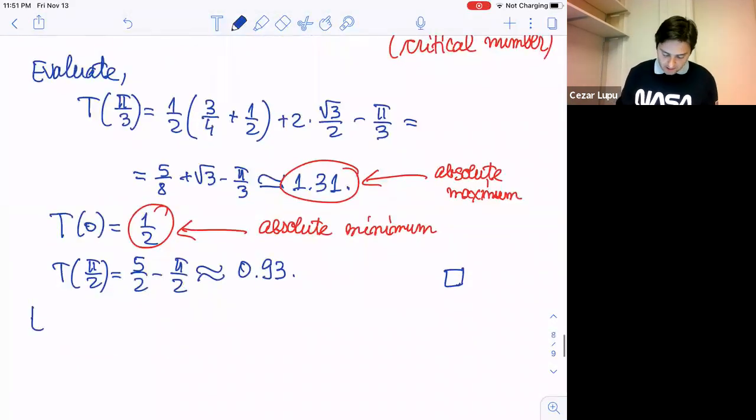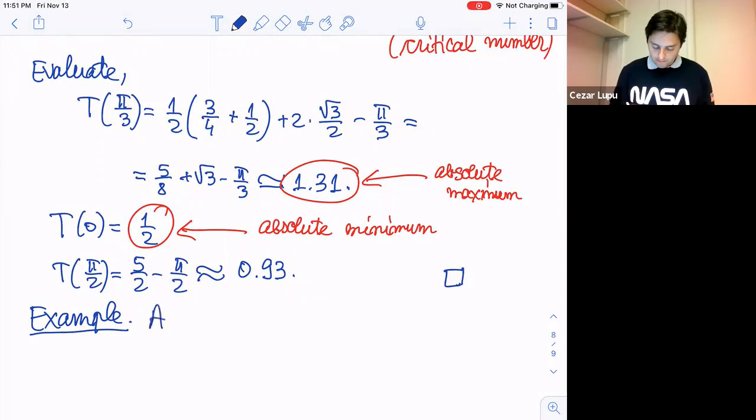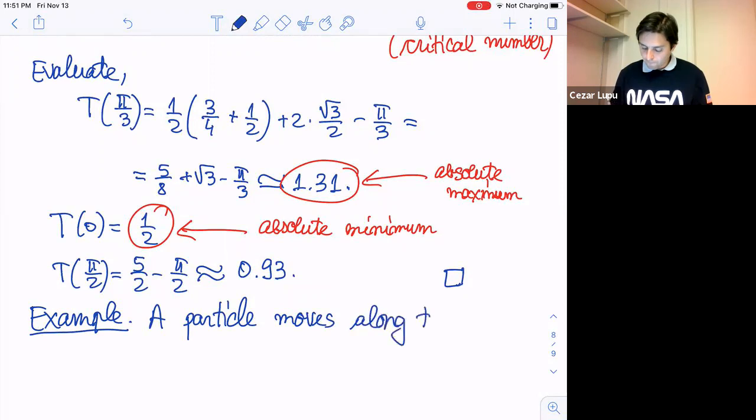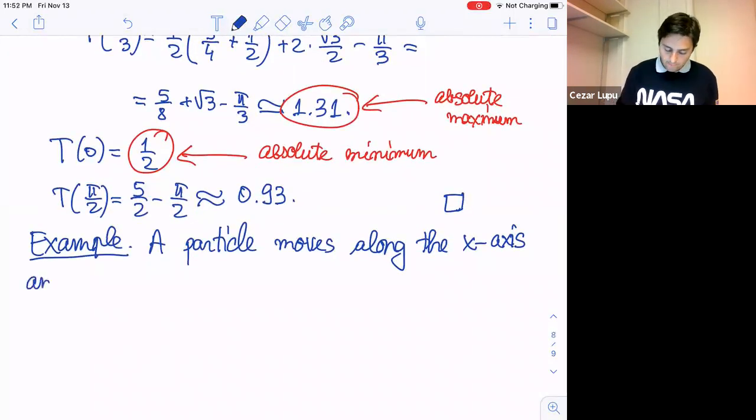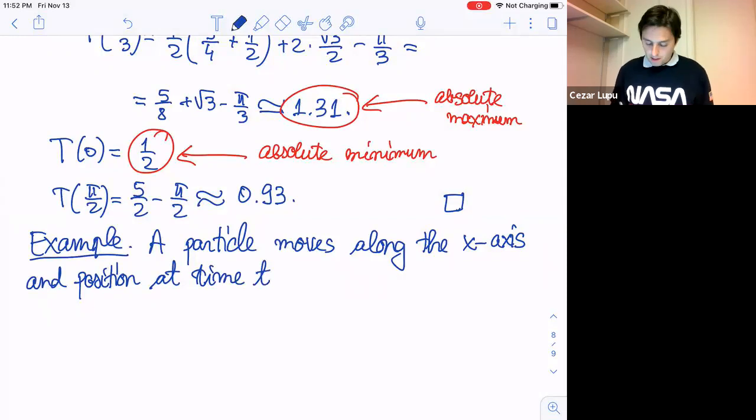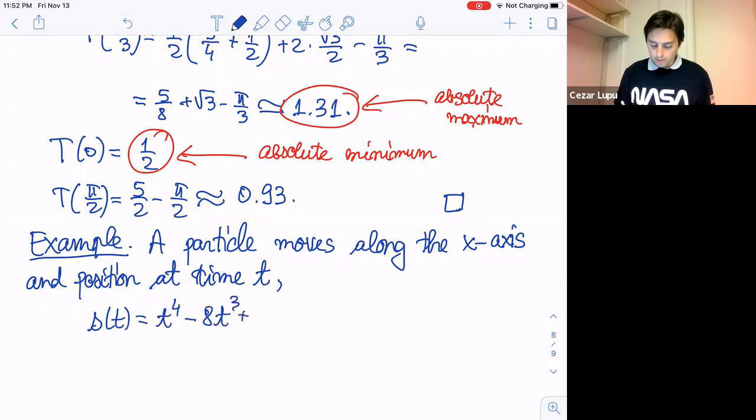Example: a particle moves along the x-axis, and its position at time t is described by the function s of t equals t to the 4th minus 8t cubed plus 18t squared plus 60t minus 8.